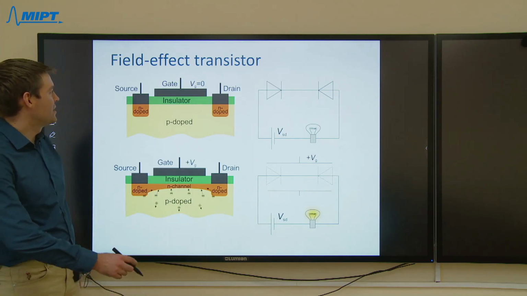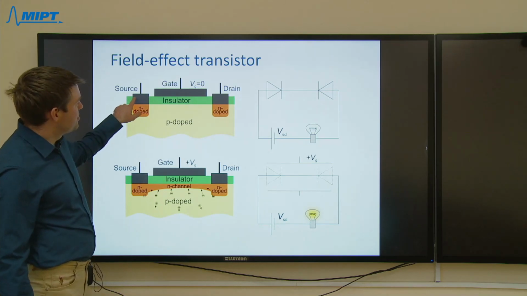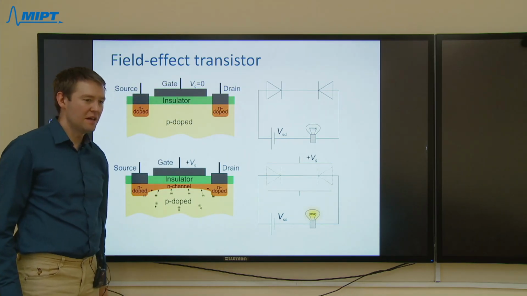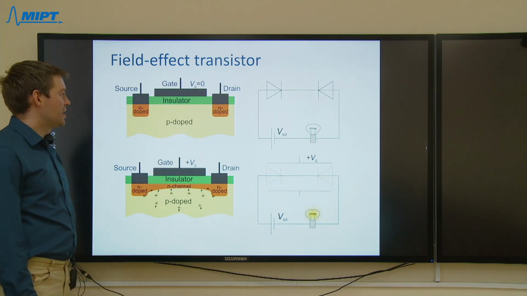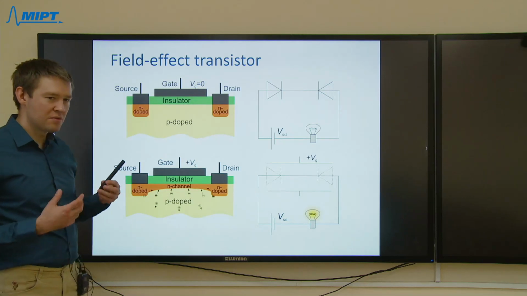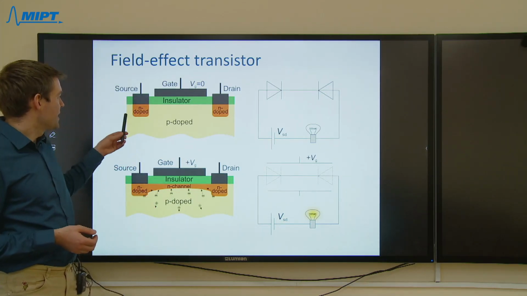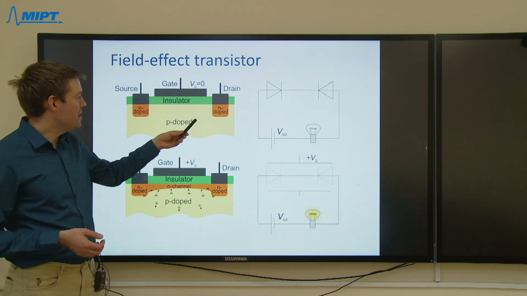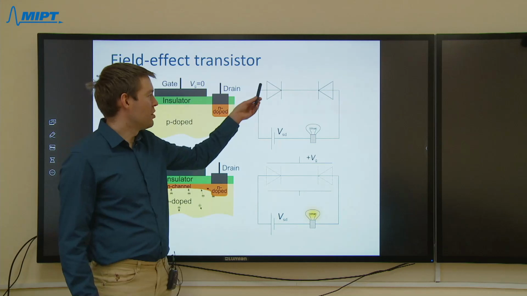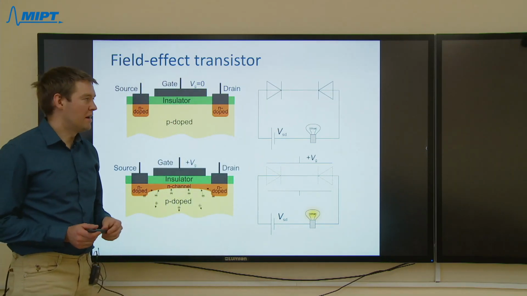When there is no voltage applied to the gate, the field effect transistor has a doping structure that prohibits the flow of electric current. It is like an NPN junction, and at least one of these junctions is blocked every time, and it doesn't permit the passage of current.